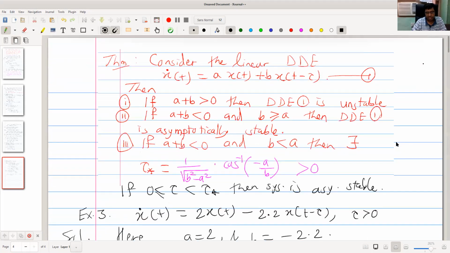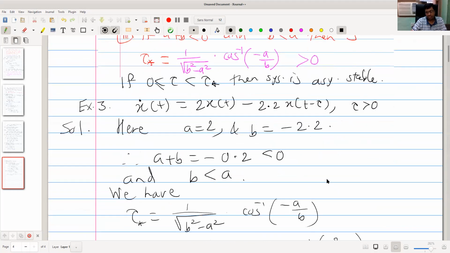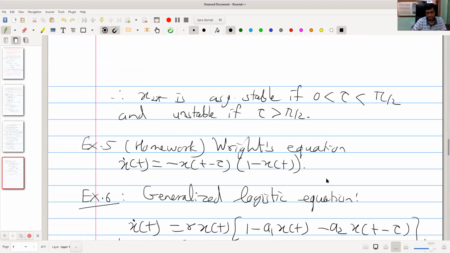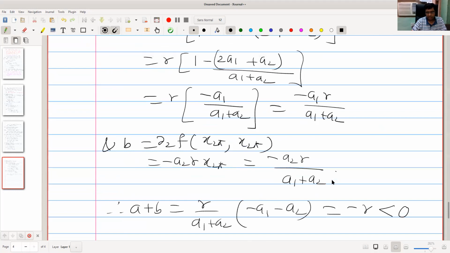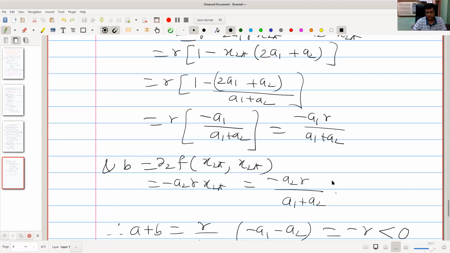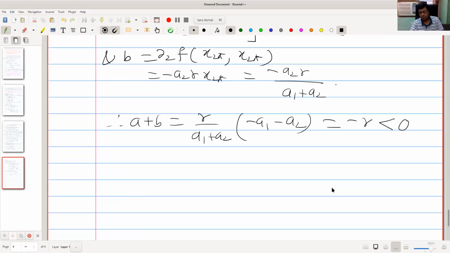If a plus b is negative, then we have to compare a and b. Now a and b are given in terms of a1 and a2, so we can have different possibilities. We discuss these two cases.